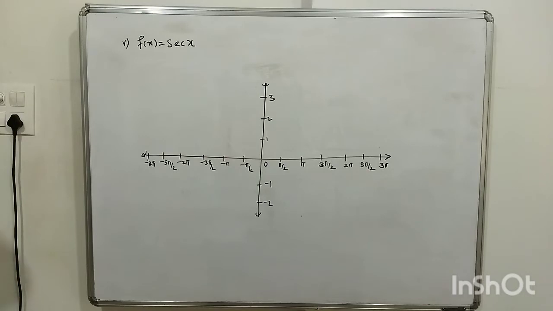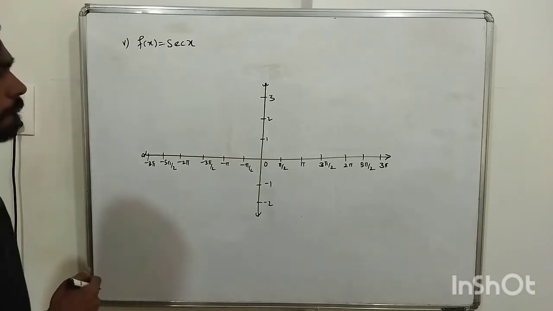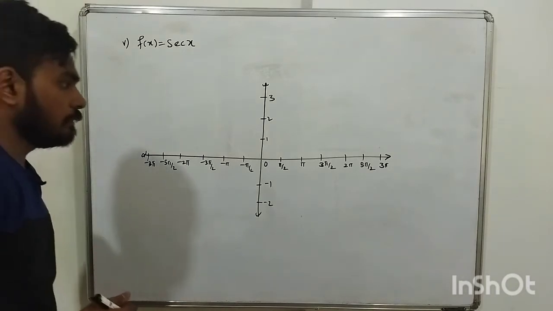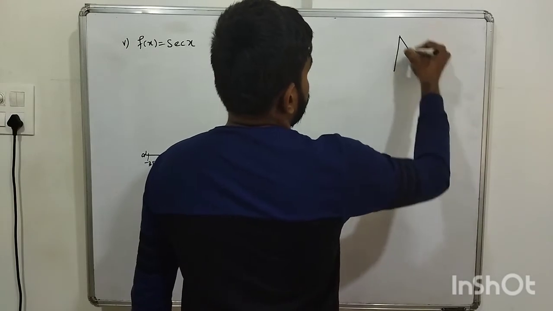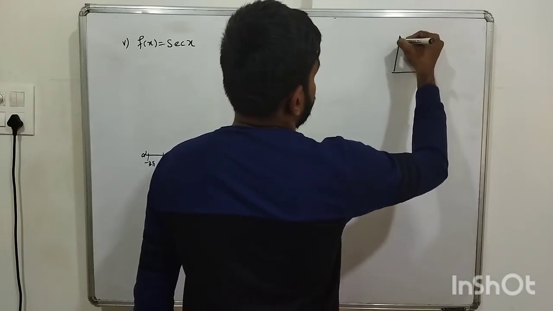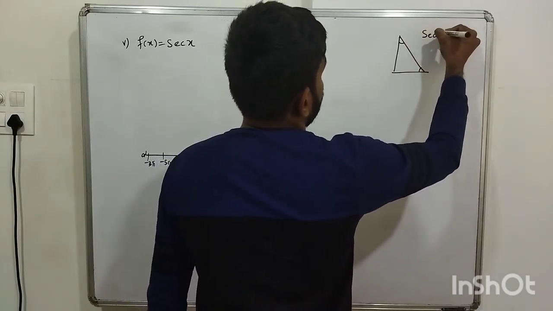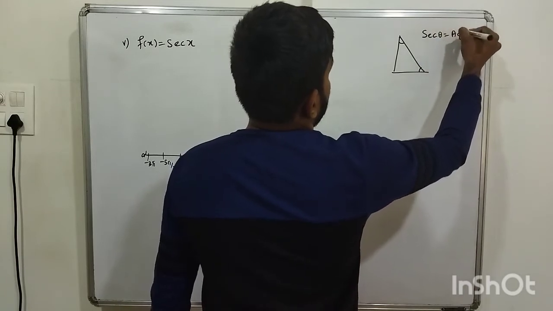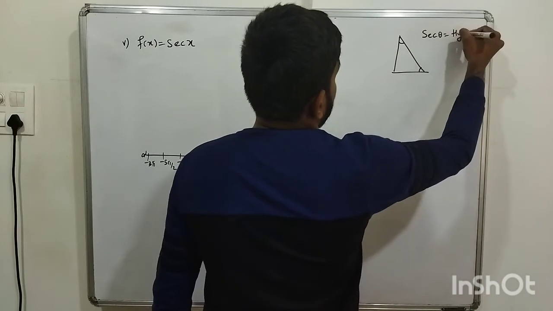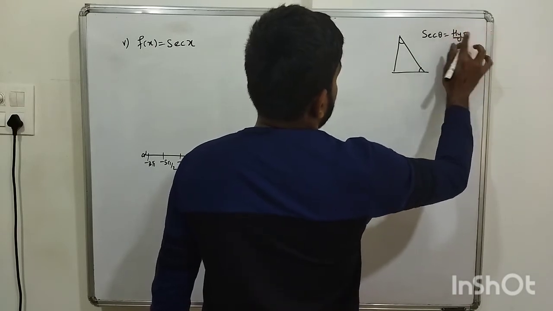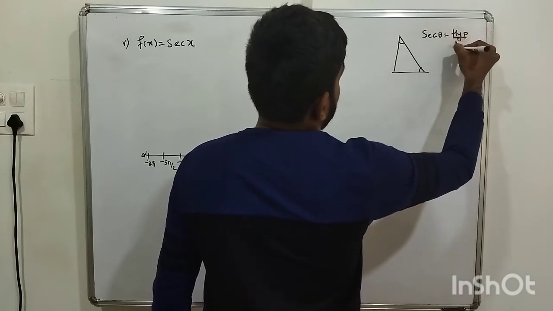So let's see how to do this now. First step. Again, as you all know, sec theta is the reciprocal of cos theta. So cos theta is adjacent upon hypotenuse, and sec theta is hypotenuse upon adjacent.